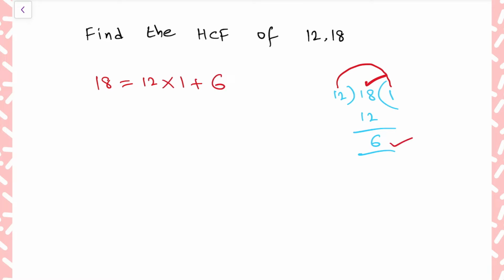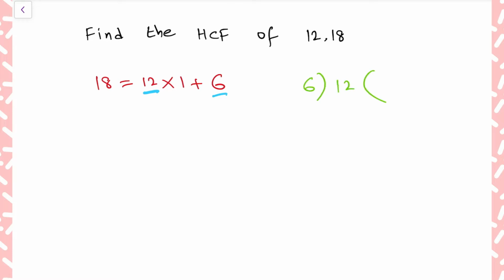Now from this step we need to pick the divisor and the remainder. We need to do division for these two numbers, 6 and 12. 6 2s are 12. 12 minus 12, 0.